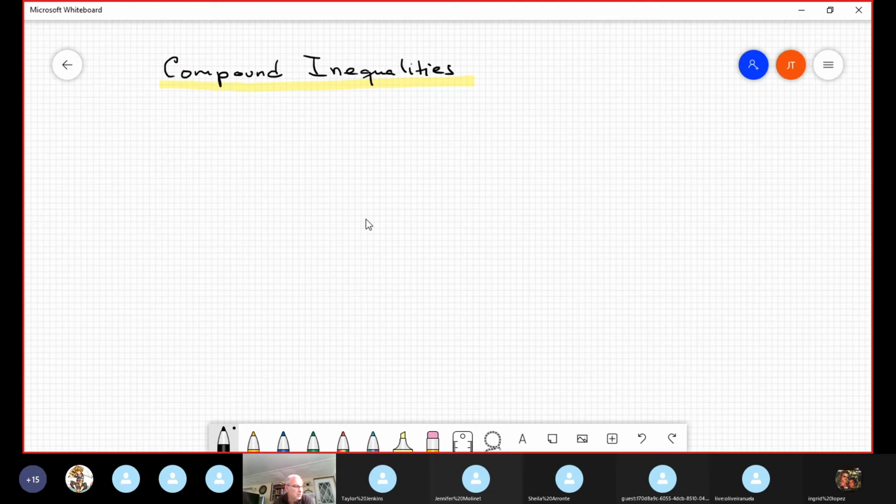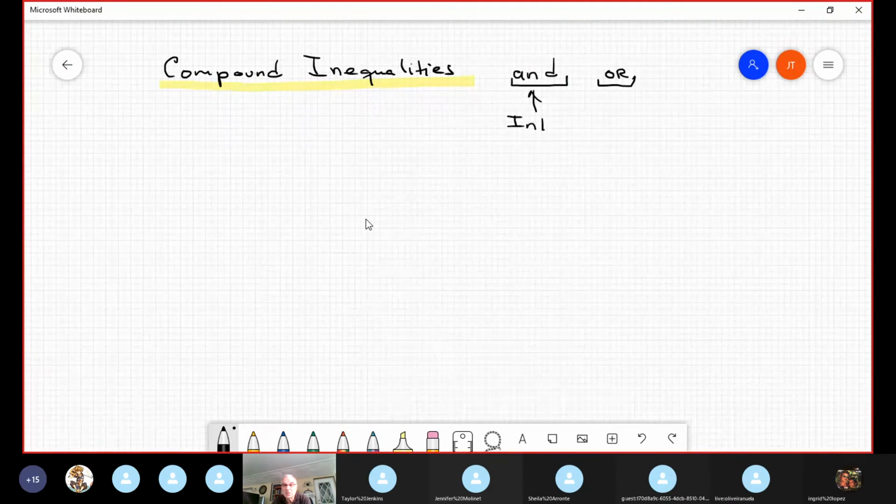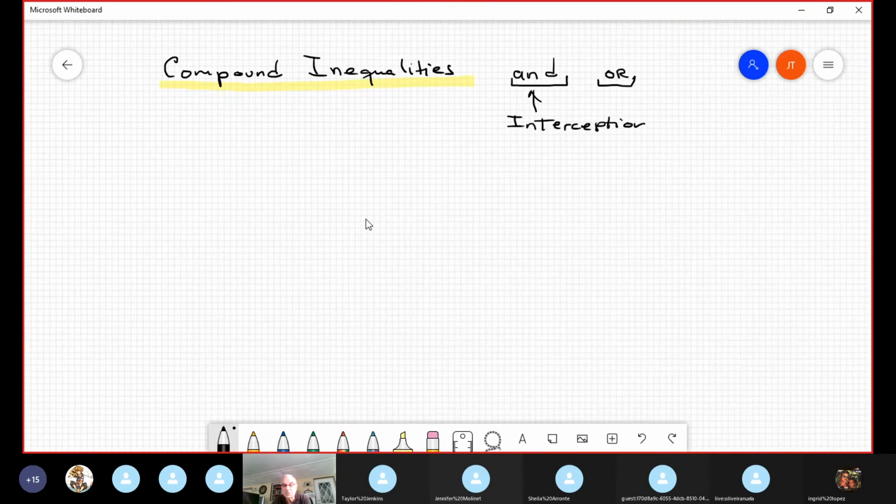And these inequalities are connected by one conjunction, que es AND or OR. So you need to understand very well the differences between the OR conjunction and the AND conjunction in mathematics. Okay? What means AND? AND is intersection. What means intersection?